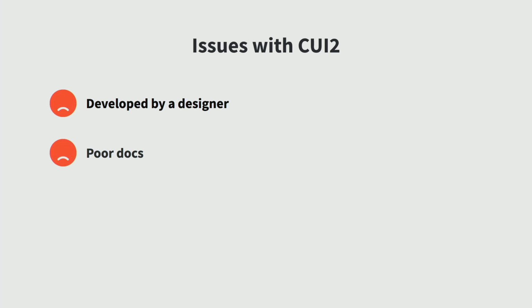It also had poor documentation and basically no usage examples. You couldn't see how it was used, how it was supposed to be used, so it was really confusing. Developers had a really hard time using it. They basically had to dive into the code to look at the properties available or the variations available for a component.